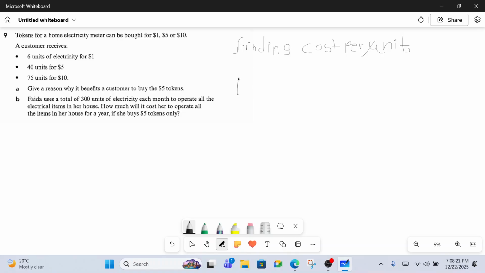So $1 here. $1 equals 1 divided by 6, which equals 0.1667 units. A unit for a $5 token gives us 5 divided by 40.